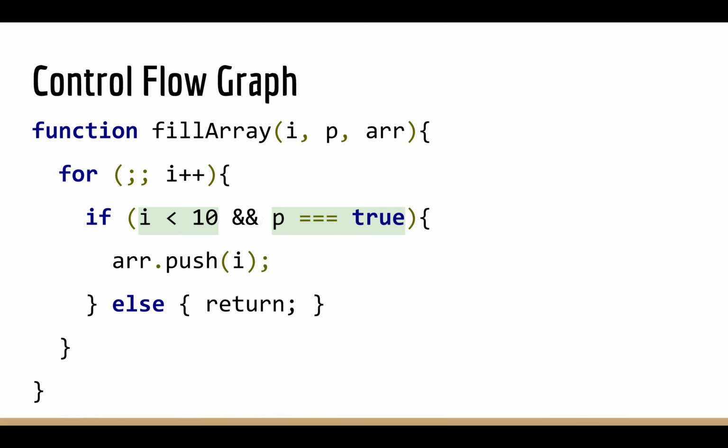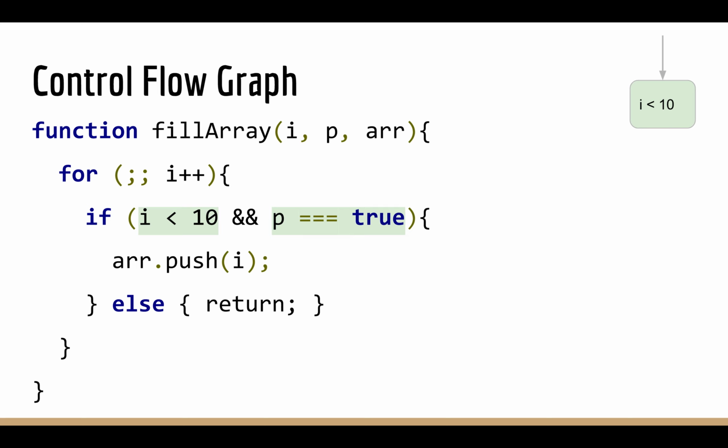You can ask yourself, okay, if fill array is invoked, what is the first expression that gets evaluated when the program is executed? Well, it might not be obvious for the developer at first sight, but the first thing that happens is that we start by evaluating i smaller than 10. It's the first thing that we do.